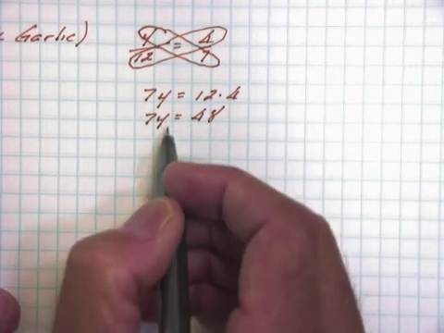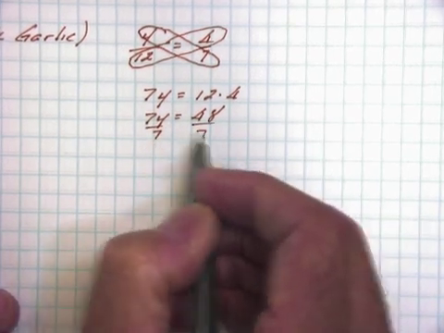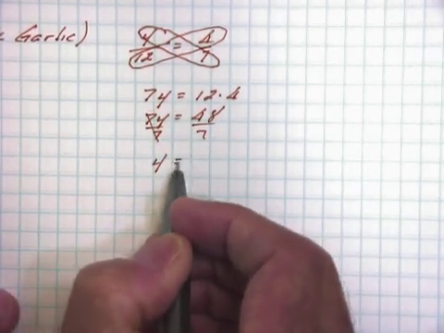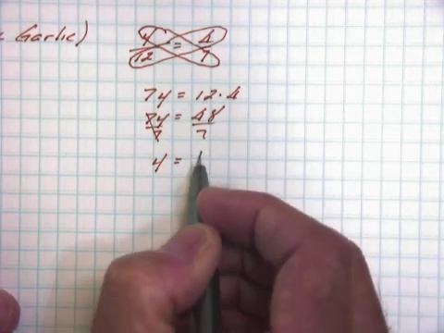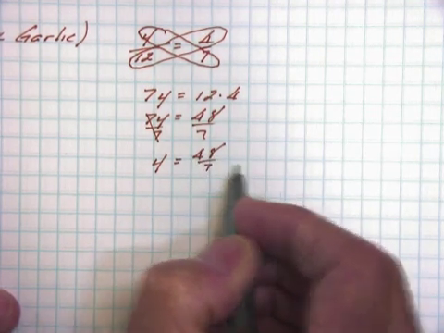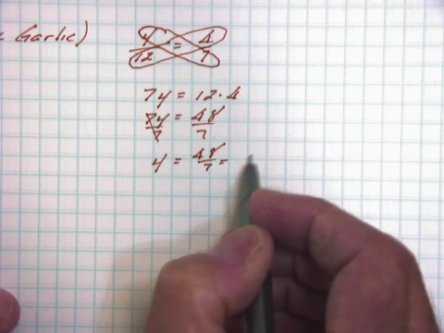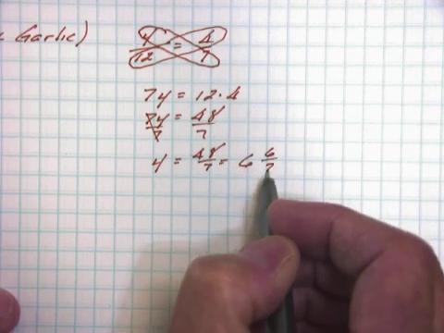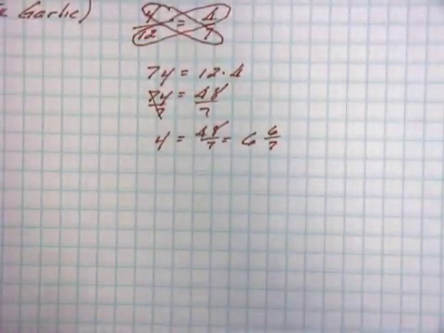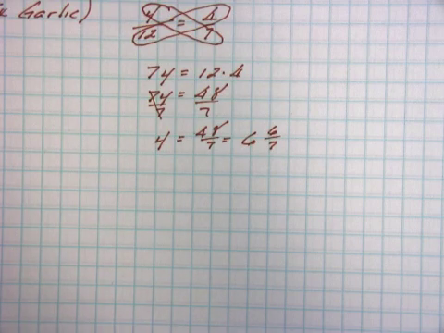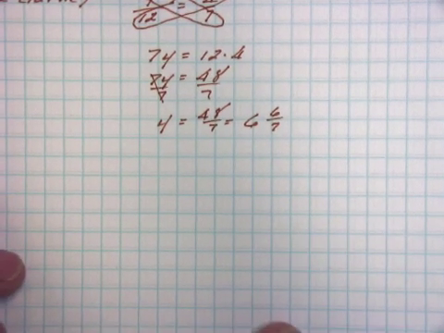If I multiply the 12 and the 4, I get 7y equals 48. And then I can divide both sides by 7. And I get y equals 48 over 7, which reduces down to 6 6/7.